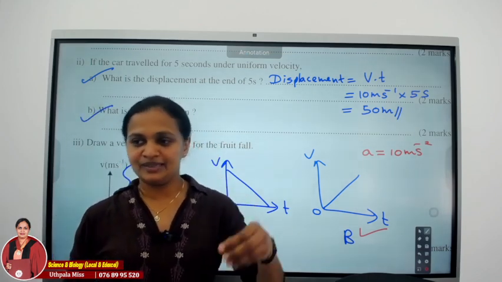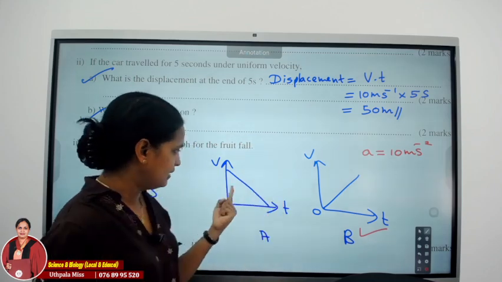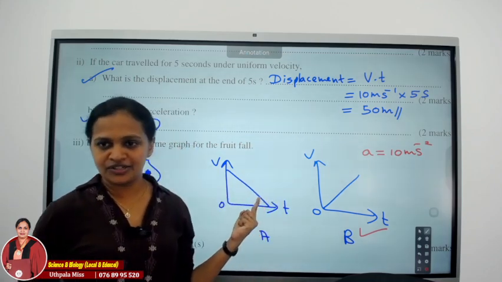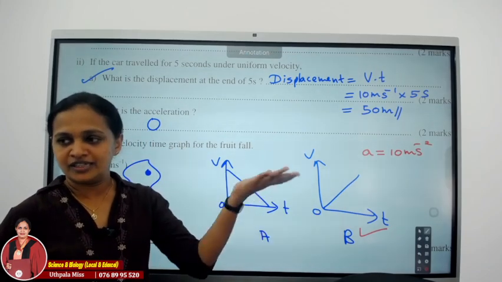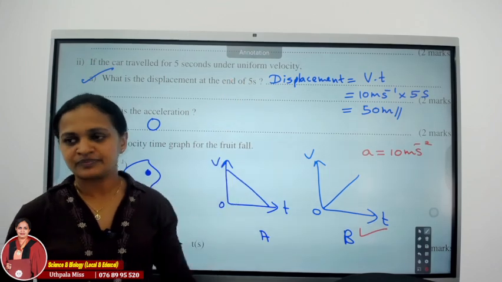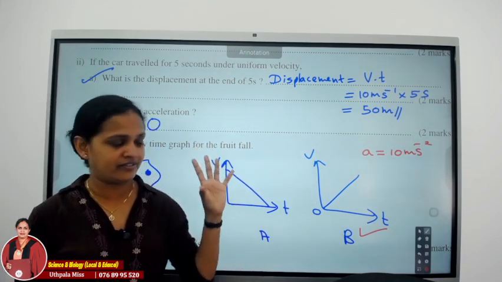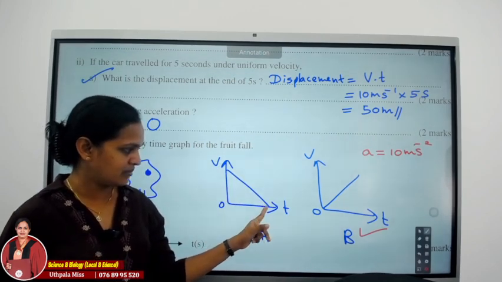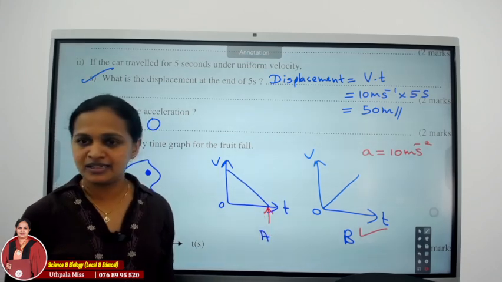If we throw something vertically upwards, then it is traveling in a deceleration. I am throwing this vertically upwards, right? So it moves in a deceleration because it is moving against gravity. When it reaches the maximum height, it stops. So this indicates the maximum height.